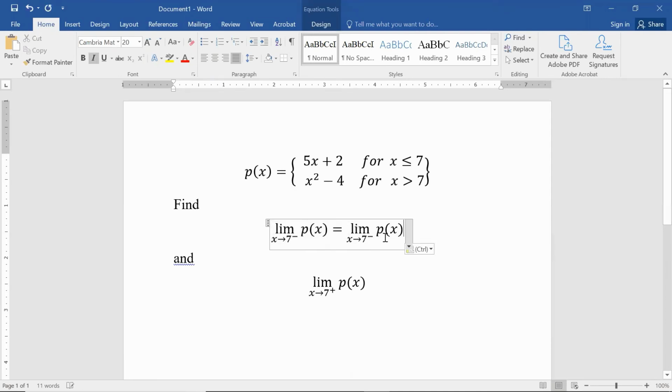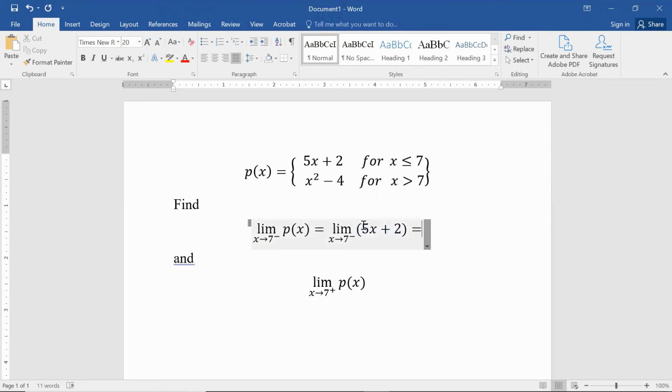Because my p of x is always evaluated as 5x plus 2 when I'm below 7, let's make clear that we're taking the limit of this whole thing.